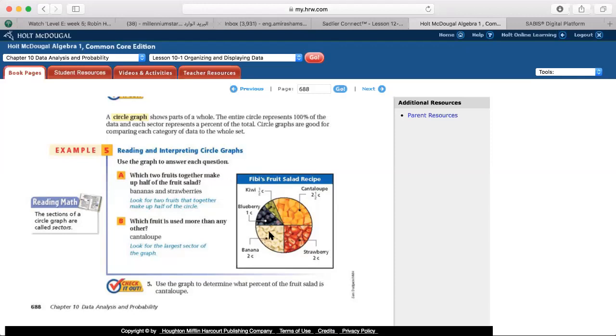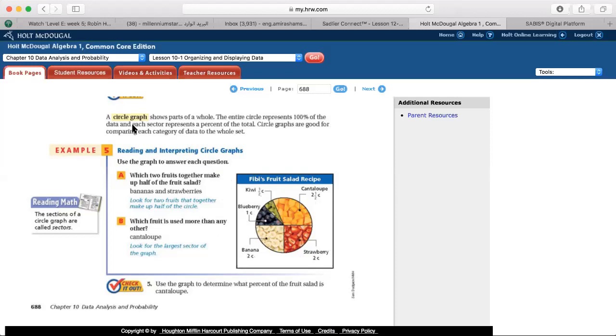The circle graph shows each ingredient and the part of each ingredient in the salad. The kiwi is half a cup, the blueberry is 1 cup, the banana is 2 cups, the strawberry is 2 cups, and the cantaloupe is 2.5 cups.